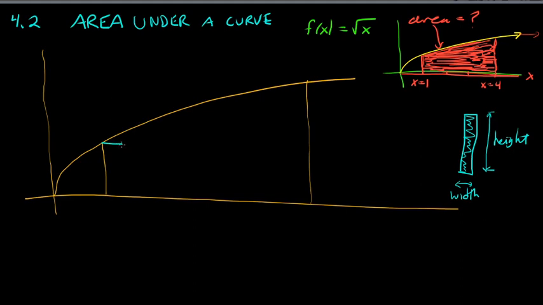So this will be the first rectangle, and again, this is not going to be exact, but pretty close. This will be the second rectangle. Forgive the sloppiness. This will be the third rectangle. This will be the fourth one, oops.